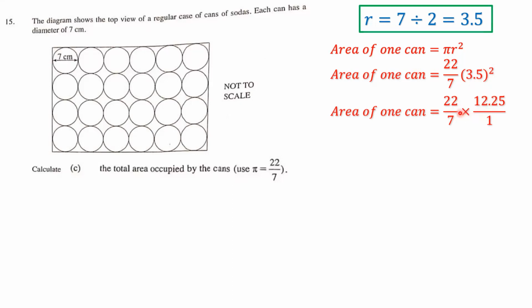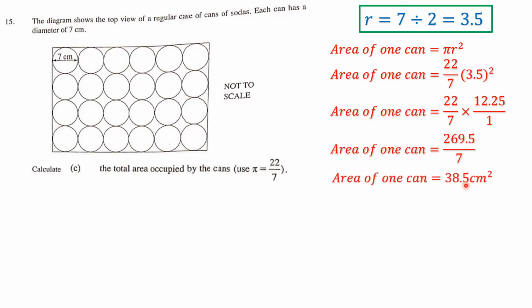So we multiply 22 by 12.25, and 7 by 1, and we have 269.5 all over 7. That's the area of one can. Now let's divide: 269.5 divided by 7 is equal to 38.5 centimeters squared.